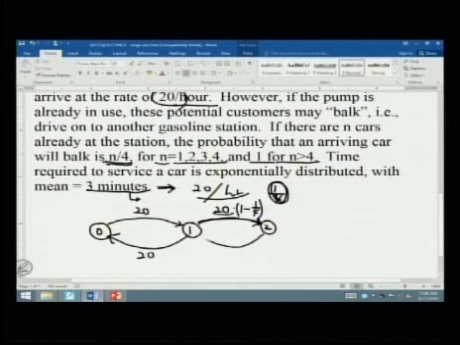Okay. How about the service rate then? It's the same, right? Since there is only one pump, the service rate is always 20. It really doesn't matter how many cars are at the gas station. Now you have an idea, right? What is the arrival rate here? 20 times 1 minus 2 over 4, right?